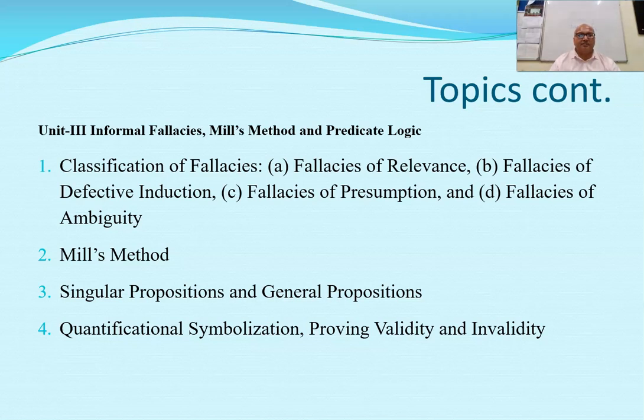This is basically called predicate logic or quantificational logic. So we will learn how these arguments are symbolized and how they can be tested to be valid or invalid, and if they are valid, how we can construct their proof of validity, and if they are invalid, how we can demonstrate their invalidity.